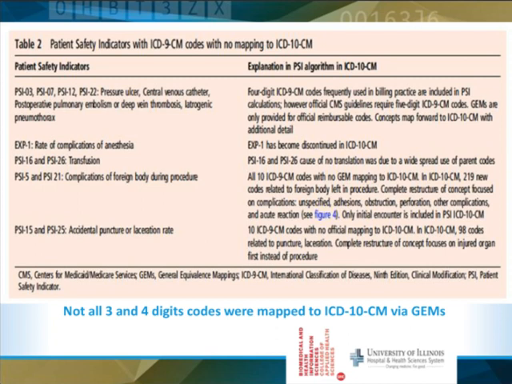So, when you actually look at some of the complications of foreign body during procedures, you can actually show the complexity: there are 219 codes related to foreign body. And so the mapping forward and the concepts related to foreign bodies are now so complex that they didn't try to map forward and backwards.